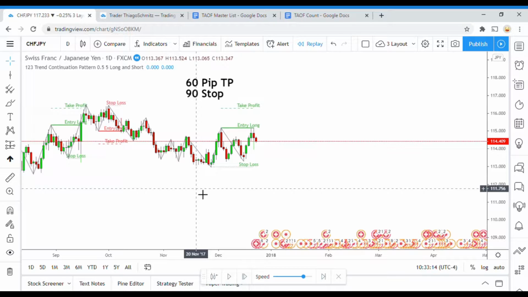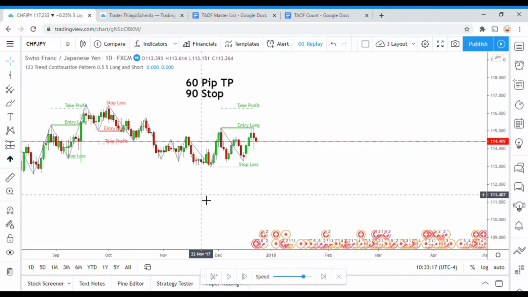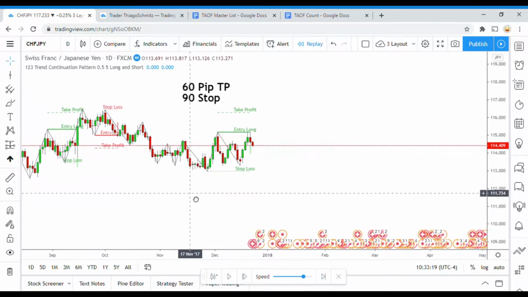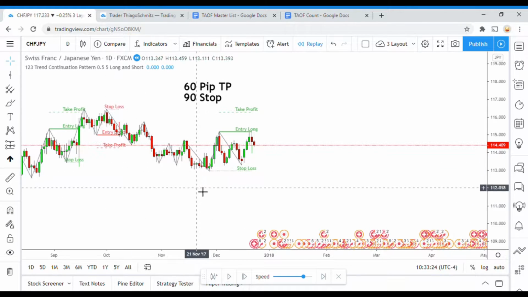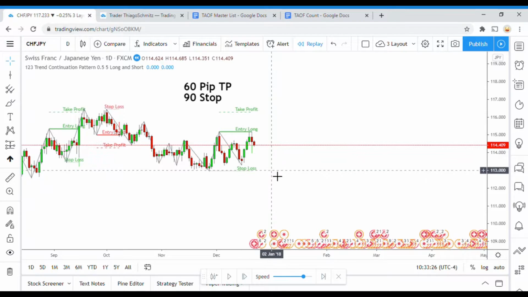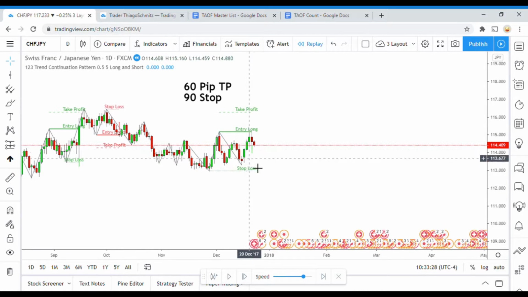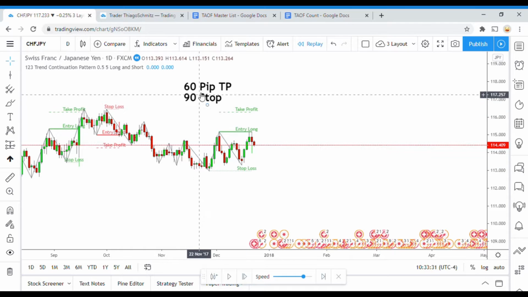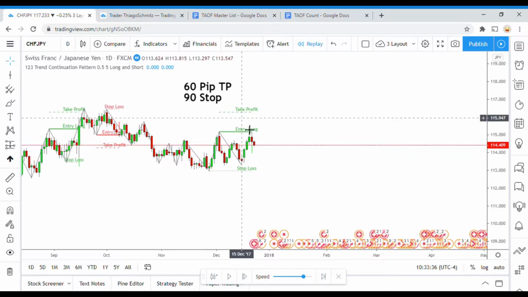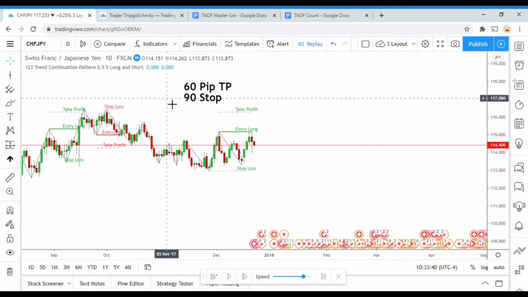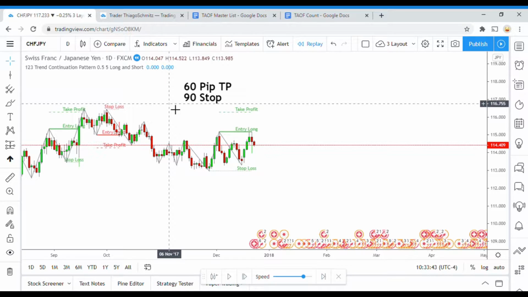Now, anytime I am looking to test an indicator, I will often go in and tweak it a little bit. And that's because I still want to stick with my designated take profit and stop. Without this designated take profit and stop, you really start to get outside the realm of money management.